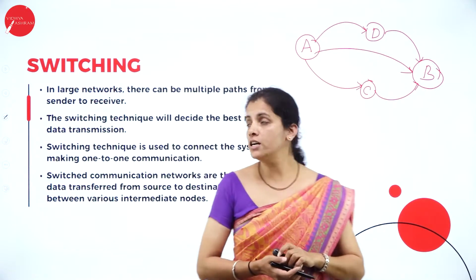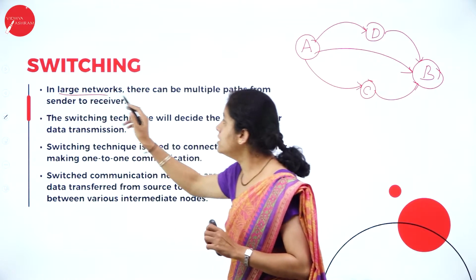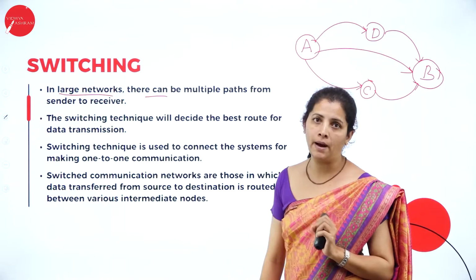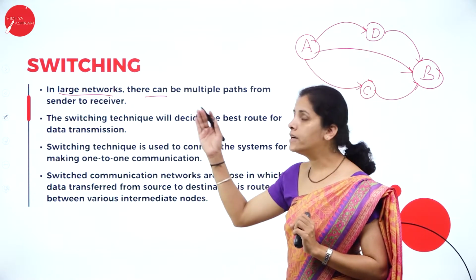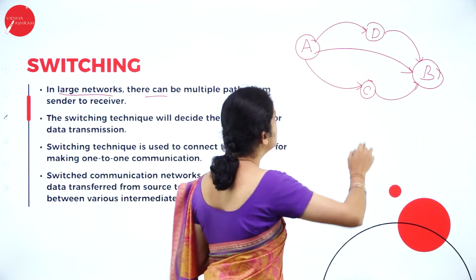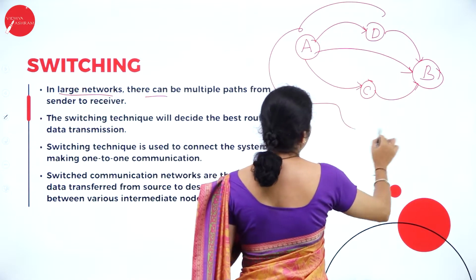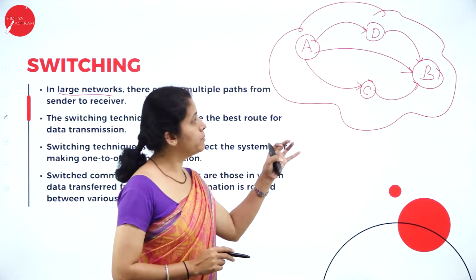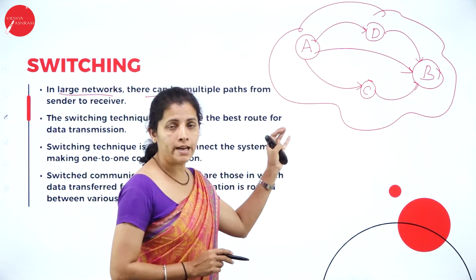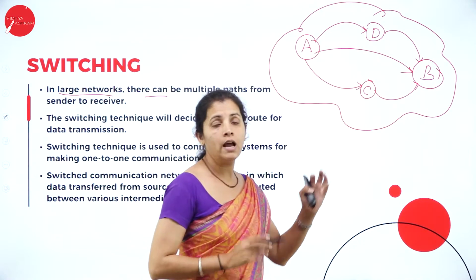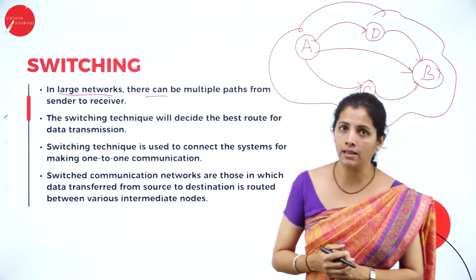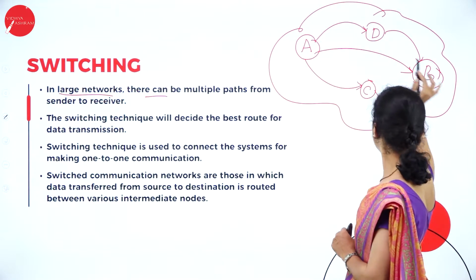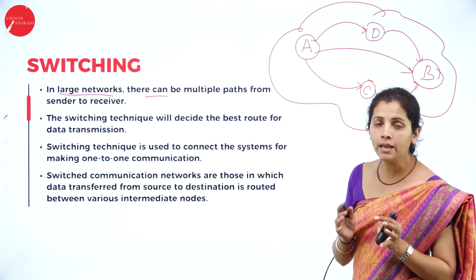So what is switching here? In a large network, there can be multiple paths from sender to receiver. Think that this is my large network and I have multiple devices, and when I want to transfer the data from sender to receiver, I can have multiple paths. If I consider this example, A wants to send data to B, but how many paths do I have?